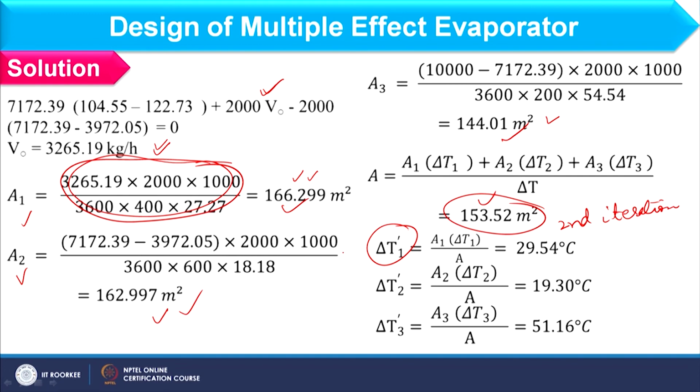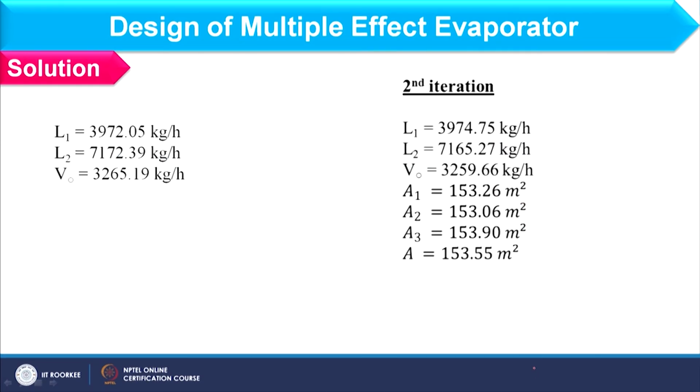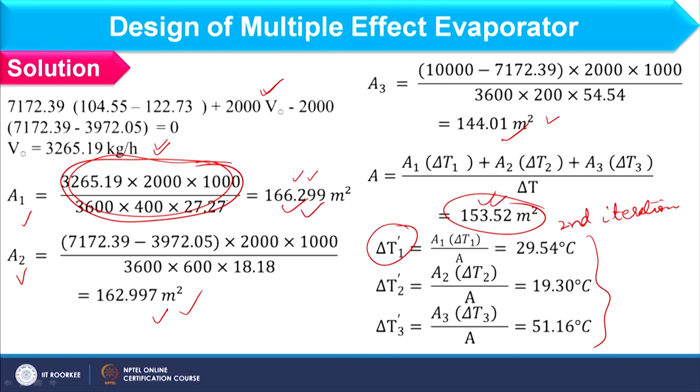Revised temperature differences of each effect you can find considering the average area as well as the actual area. Once I have these values, you can find T1, T2 and T3, where T3 is fixed at 50 degrees Celsius.